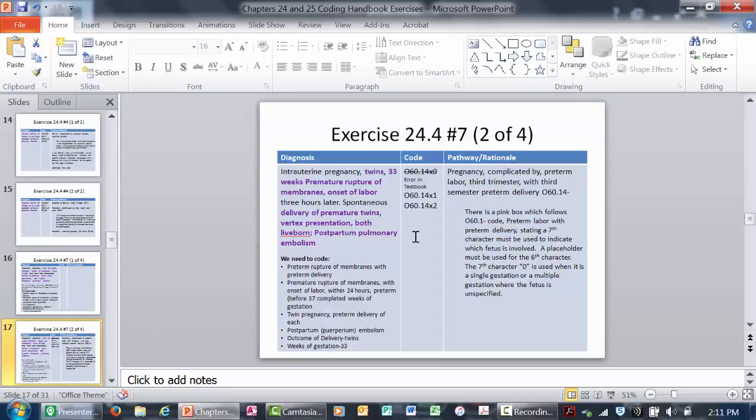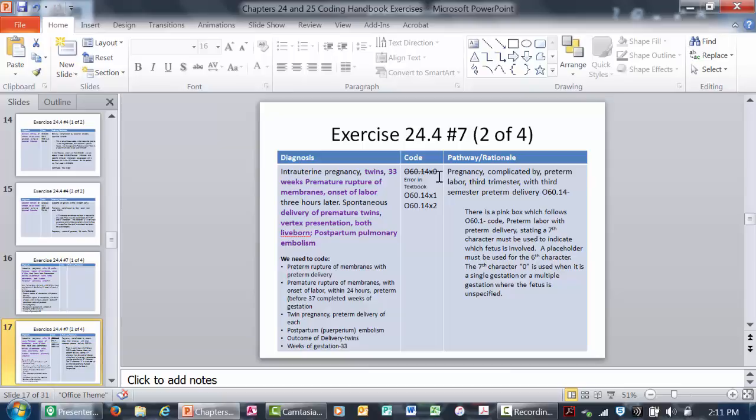What I am showing you here, your textbook gave O60.14X0 as the answer. That is incorrect. The publisher sent out what's called an errata, E-R-R-A-T-A, which is something publishers send after they have published a book and it's been printed and they find an error.